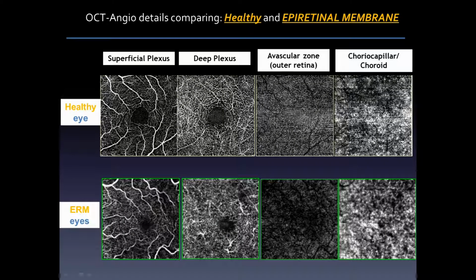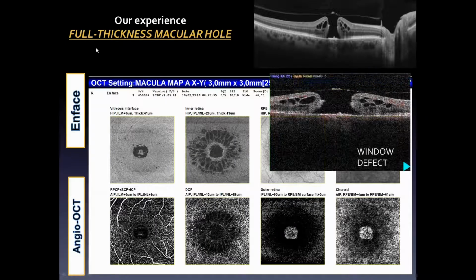So let's start with the comparison between the healthy eye and the epiretinal membrane eye. You see these OCTs? This is the epiretinal membrane eye. You see the distortion of the lamella of the superficial and deep layer of the retinal vessels. This is the full thickness macular hole.